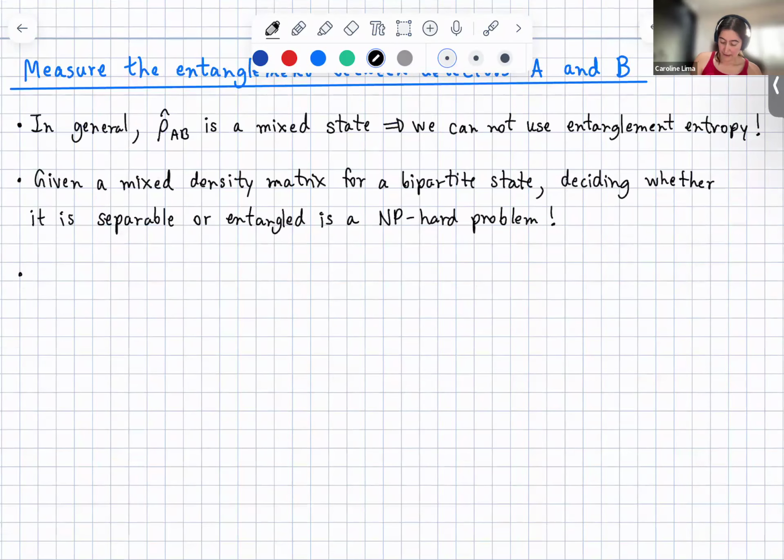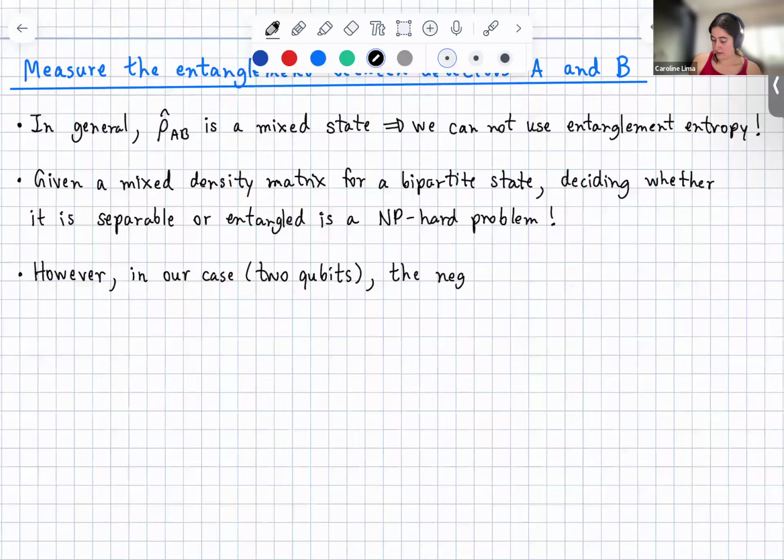But the good thing about the detectors, especially for the qubit ones, in our case, when we have just two qubits, is that there is one proper measure of entanglement that is easy to compute.